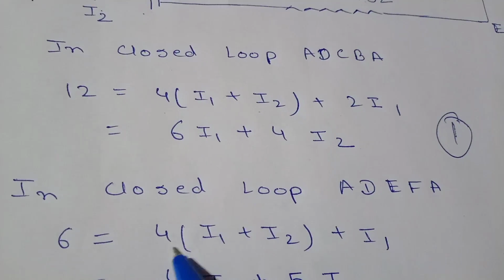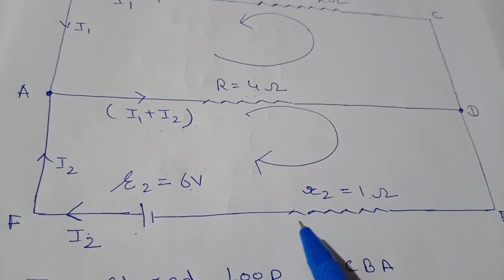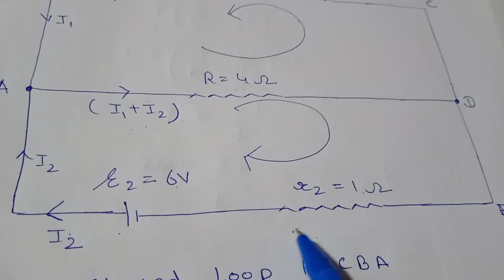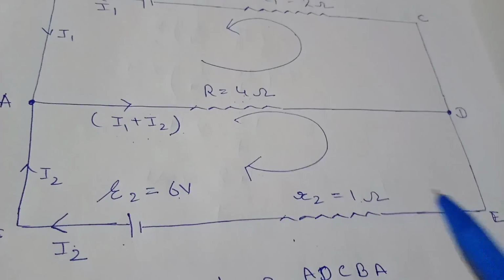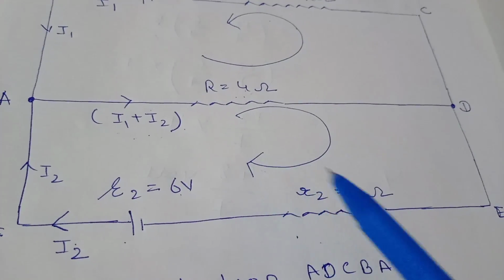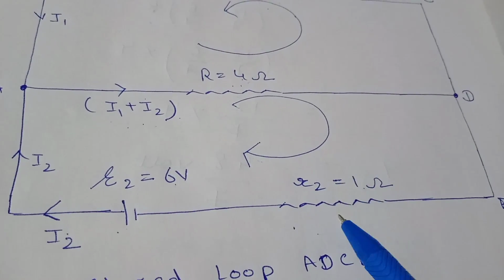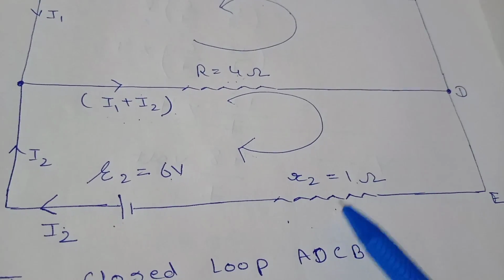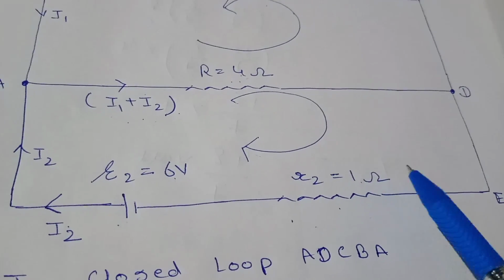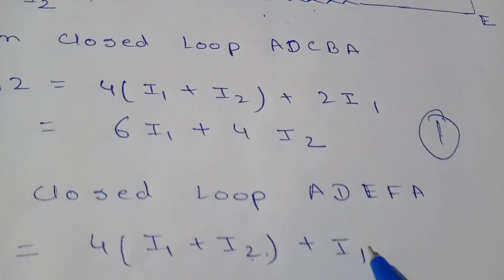So now going from there we reach this resistance. Okay, here our path and the direction of current is again same, so potential drop is positive. So we'll write 1 into I2, that is I2.